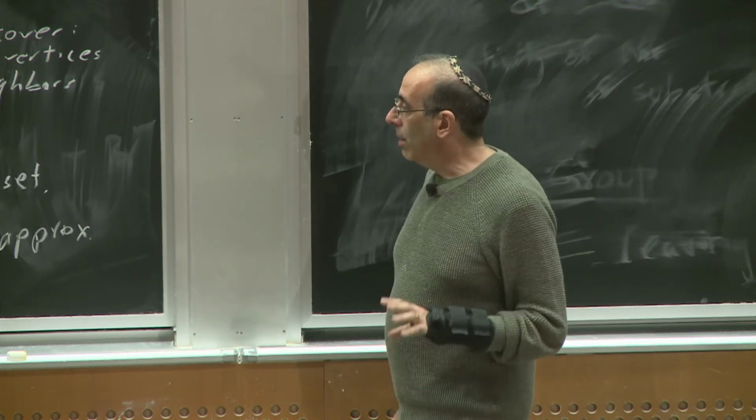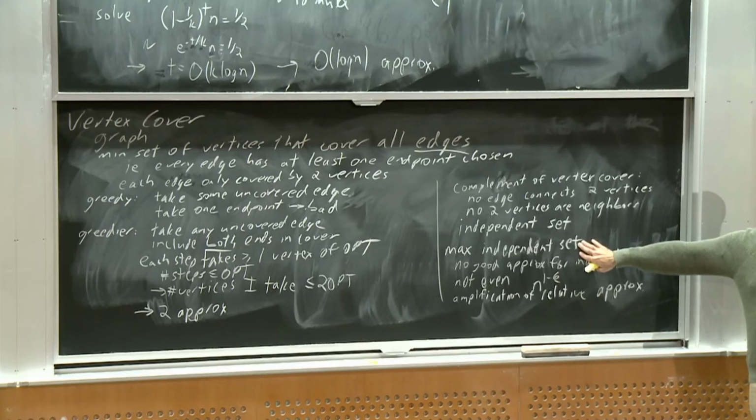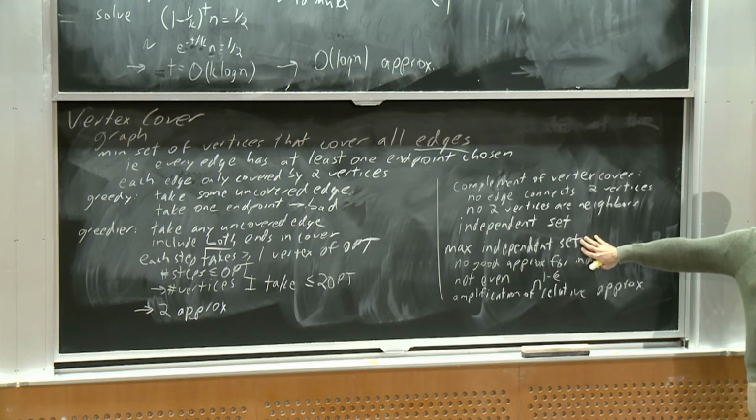Turns out that you can amplify independent set. If you have a multiplicative approximation for independent set, you can make a better multiplicative approximation for independent set. And I will probably give you a little bit of that on your homework this week because it's kind of fun.